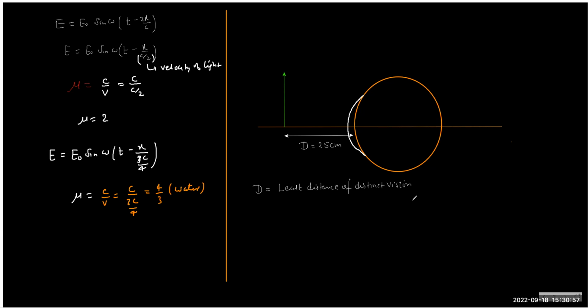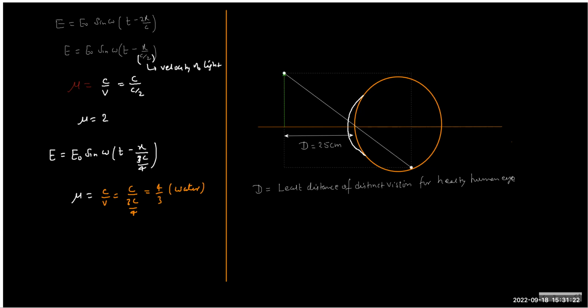So this is the minimum separation at which, of course, for a healthy human eye, we can see the object clear as well as with the biggest angular size.